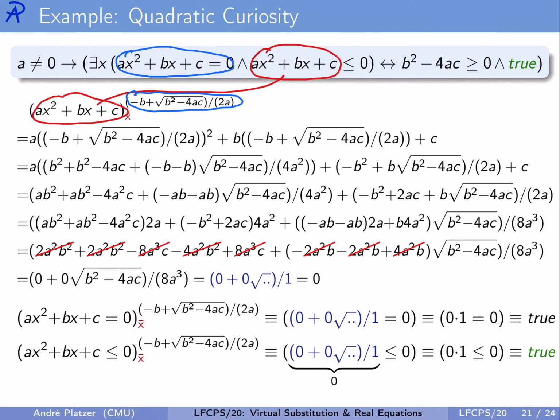Let's do that. In this case, we just symbolically evaluate ax squared plus bx plus c by just writing ax squared, but that's this thing, plus b times x, that's this thing, plus c. Now this squared means it multiplies with itself, which gives us a bunch of cross terms.